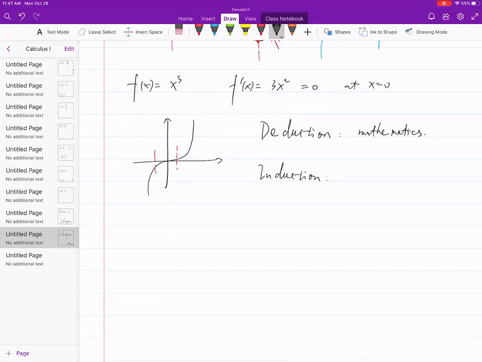Make sense so far? That's deduction. That's what we're trying to do with mathematics, physics. Induction works like this. All swans are white.